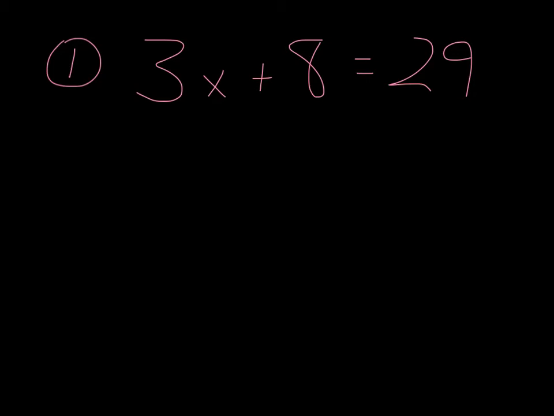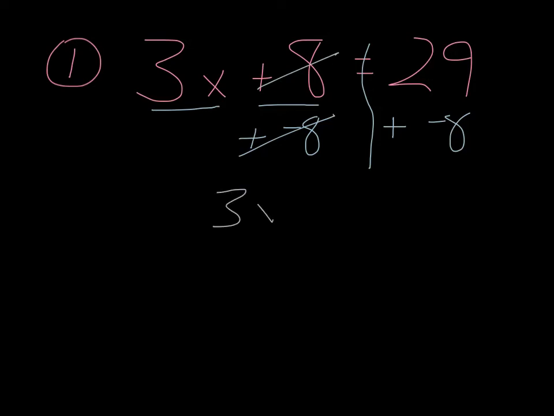Let's look at number 1 together. We have, again, two types of operations here: addition and multiplication. We are going to get rid of the addition first. Remember, reverse order. So I'm going to add the opposite, add negative 8 to this side, add negative 8 to this side, and that gets rid of the 8's on that side.